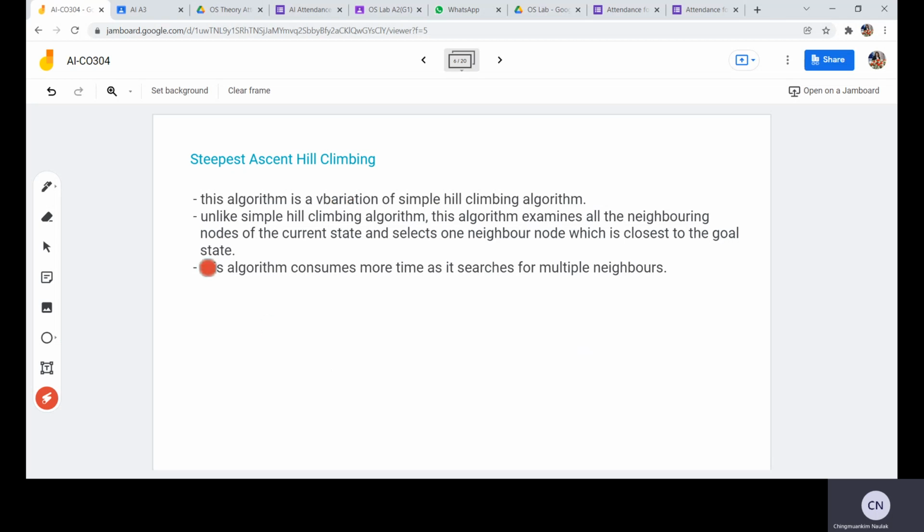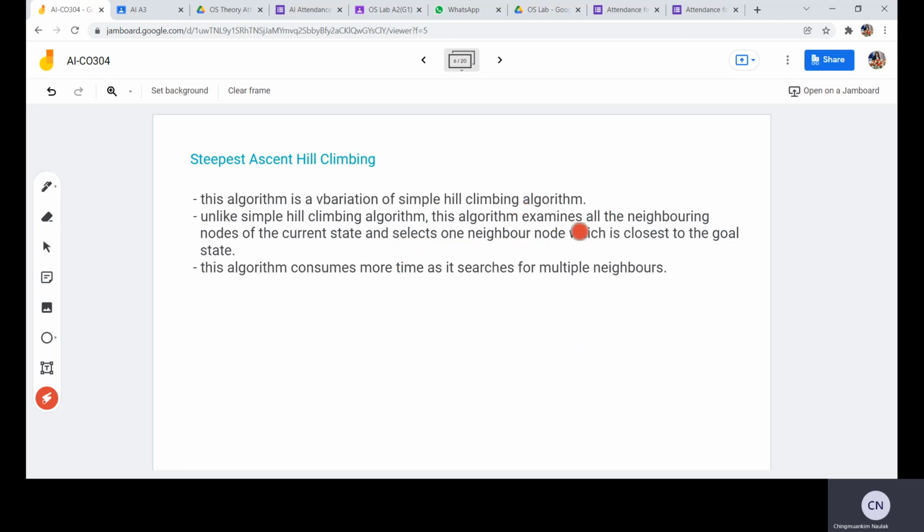What's the difference between these two is that, unlike the simple hill climbing algorithm, this algorithm examines all the neighboring nodes of the current state, and it selects only one neighbor node, which is closest to the goal state. In the previous one, it examines only one neighboring node at a time.